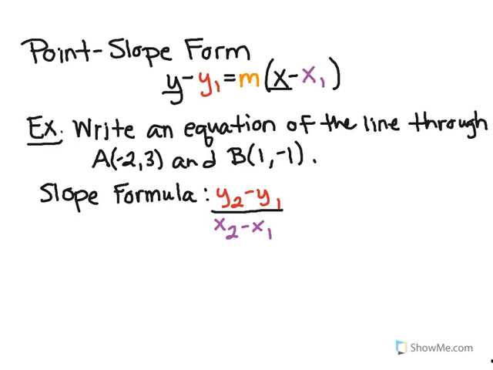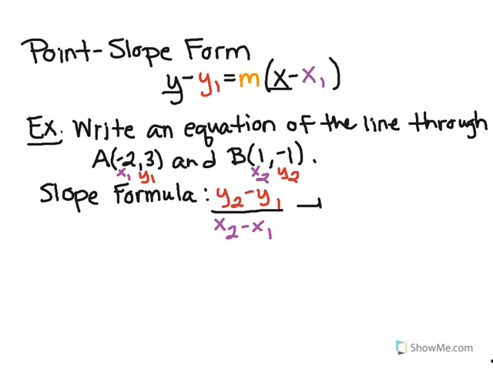And here it is. So now, when we use this, we need to make sure that we carefully select our x and y values. So since A is my first coordinate, this is going to be x1, and 3 is going to be y1. And for point B, the 1 is going to be x2, and negative 1 is going to be y2.